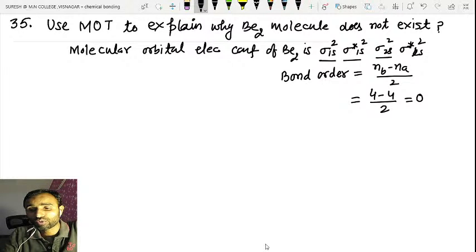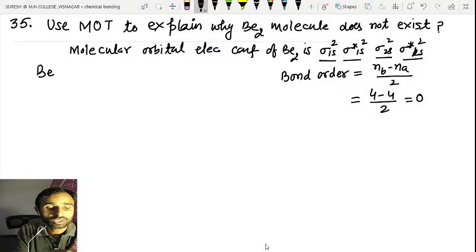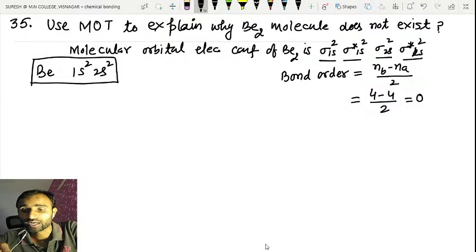When 2s 2s overlap, we get sigma 2s and sigma star 2s, because beryllium's electronic configuration is 1s2 2s2. So Be2 has 8 electrons and they are written like this. Okay, so this is question number 35.